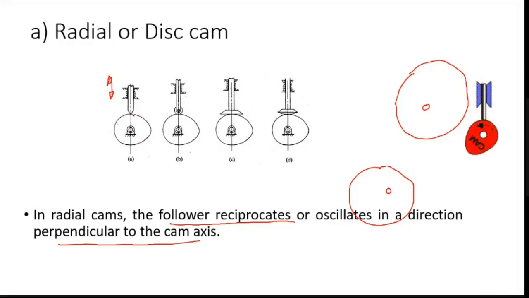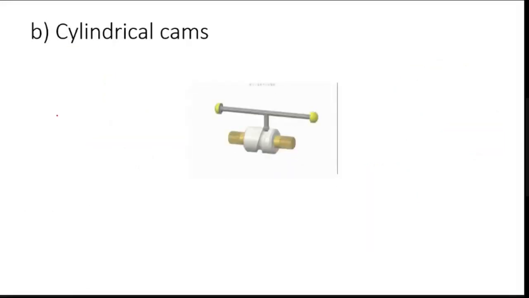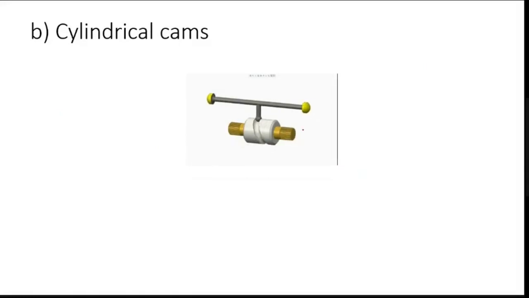If I draw it in 3D, this is my cam and this is my axis. Perpendicular to this axis, your follower is moving. That we call a radial cam. Whereas in the cylindrical cam, the follower moves parallel to the axis. This is the axis of the cam, and your follower is also moving along that axis.